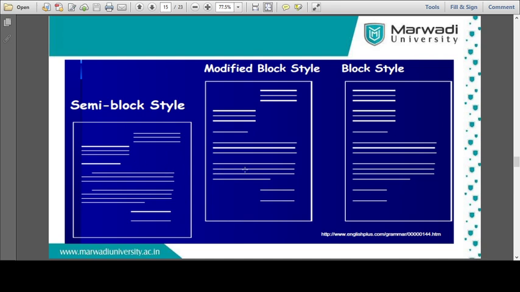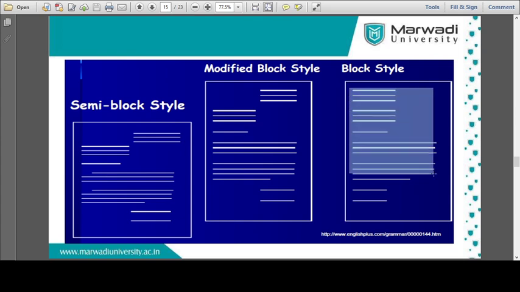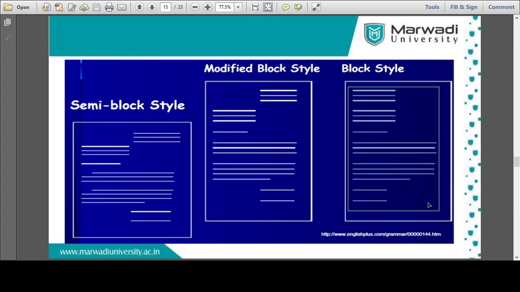But generally, according to me, you can choose your own style from this. But from my point of view, the block style will be easier for you to write a letter, because you need not remember anything. You can start with your left hand margin, so it will be easier to remember.